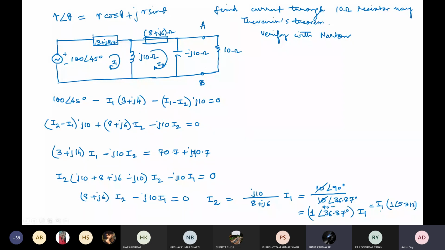Then you will get I1 into this. Again we'll change from polar to rectangular, so it's supposed to be rec 1 comma 53.13, that is equal to 0.6 plus j0.8.